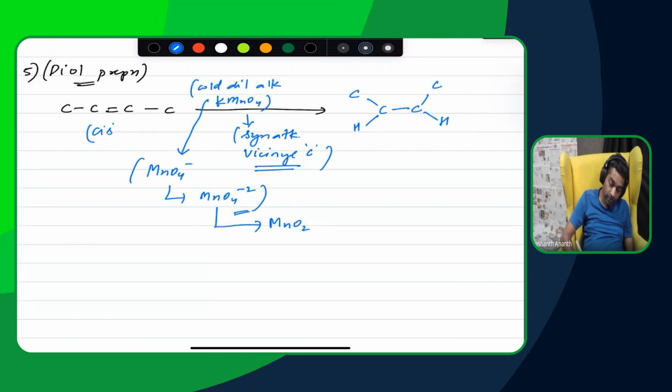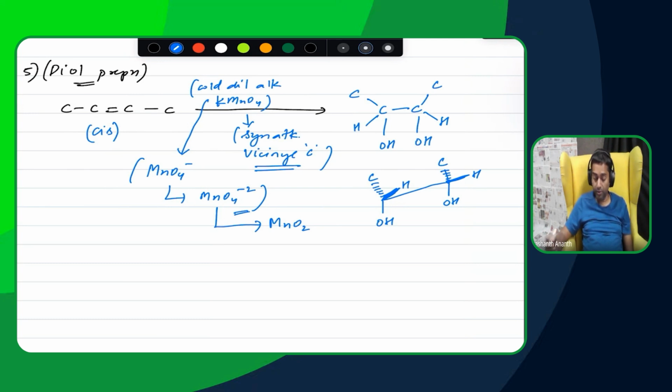If this was a cis compound, I'll have OH and OH both from the same side. If I draw the projection, it will look like this. This is the compound obtained.